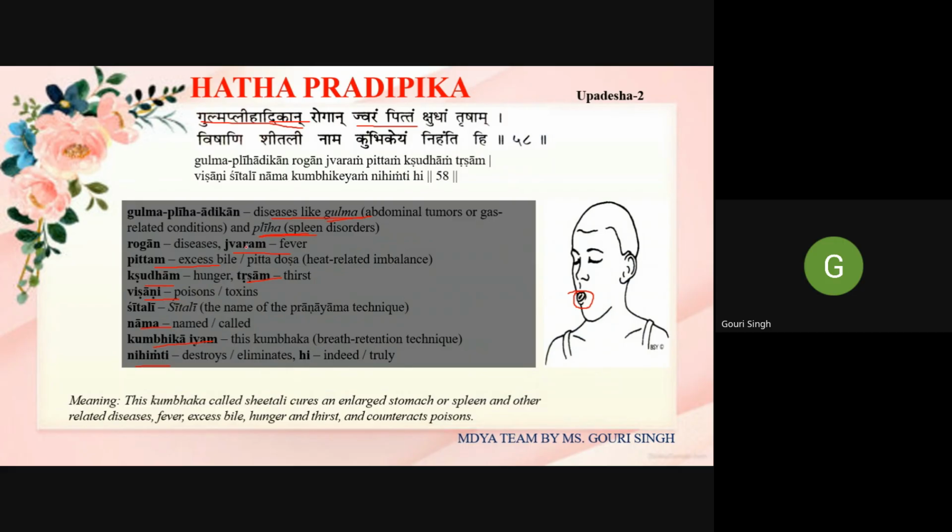Jwara means fever, and excessive bile or excessive pitta also. If you are feeling more hunger and therefore taking more food, that can be controlled. If you are feeling more thirsty, that also can be controlled.